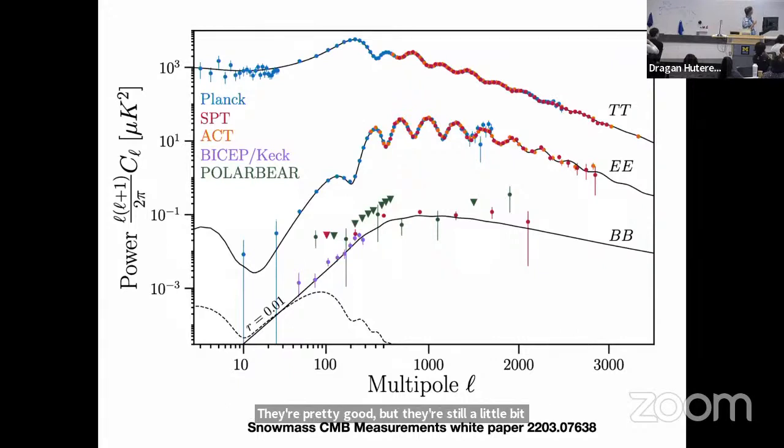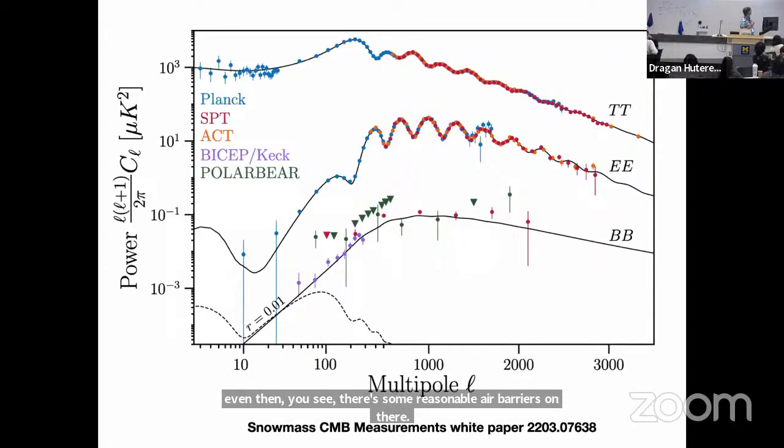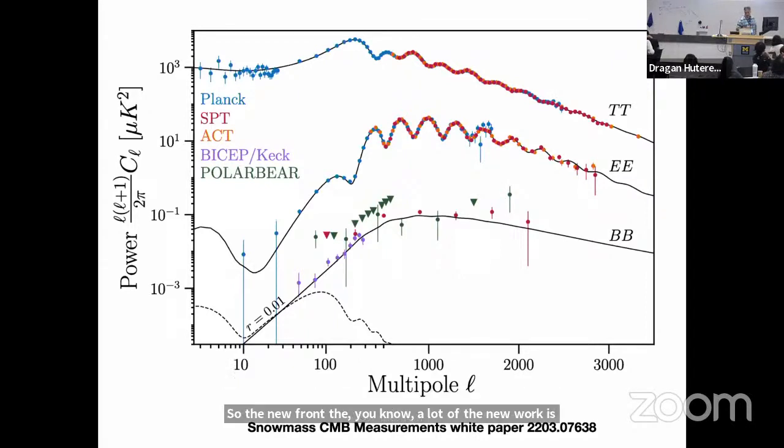These points right here are the BICEP Keck points. They're the people that currently have far and away the best large angle measurements. But even then you see there's some reasonable error bars on there. So a lot of the new work is being done down here, going after this R signal, and out here to try to get a whole new CMB. All right.